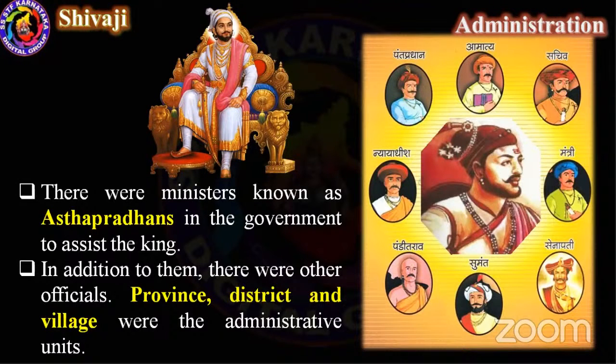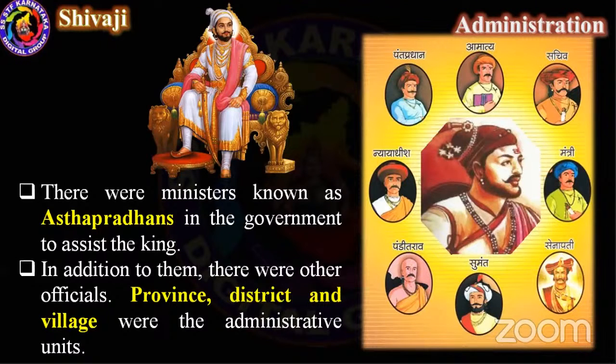And provinces, districts, and villages were the administrative units here. The kingdom was divided into provinces. They are equal to the districts of a state, or to a state of a country.